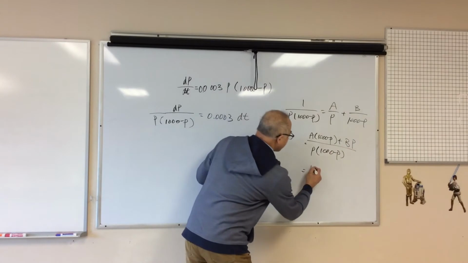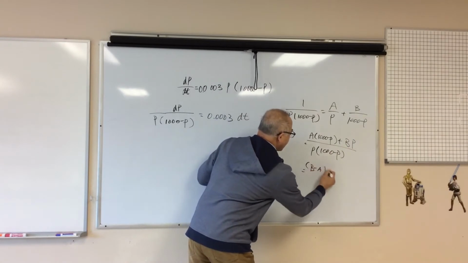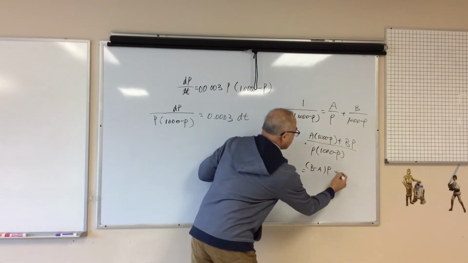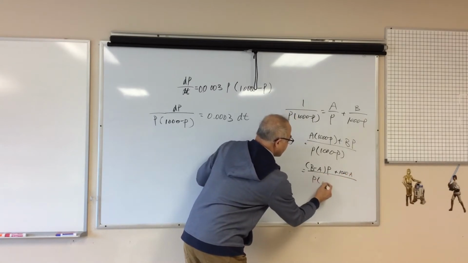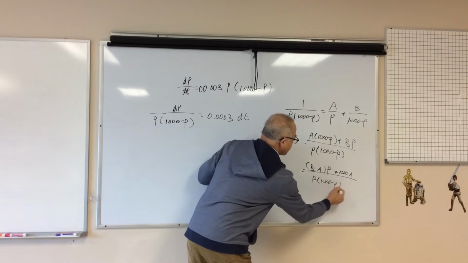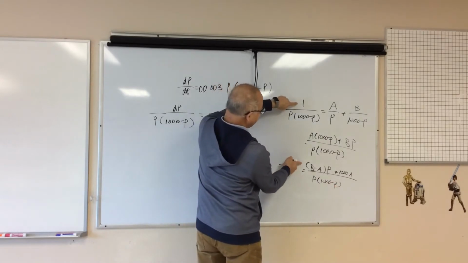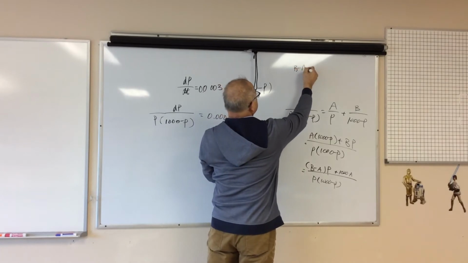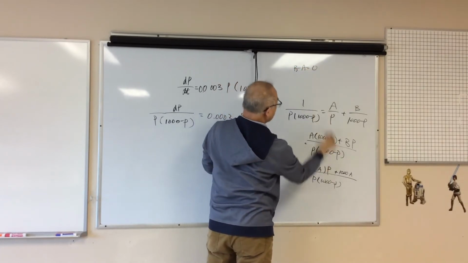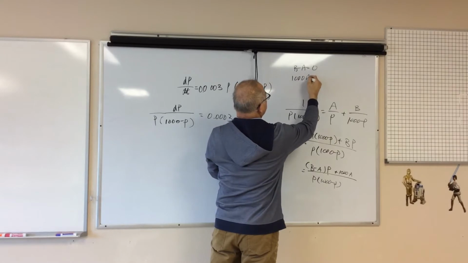So in other words, I get (B minus A)P plus 1,000A, over P(1,000 minus P). Now this and this have to be the same. So B minus A is equal to 0, and 1,000A is equal to 1.